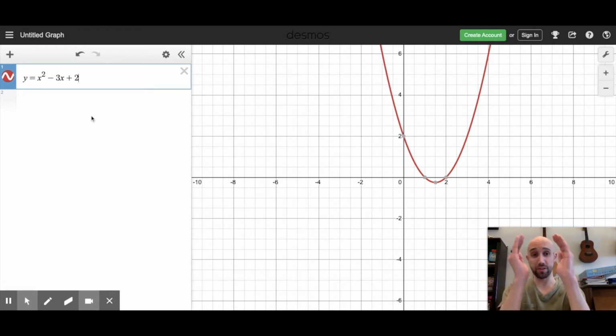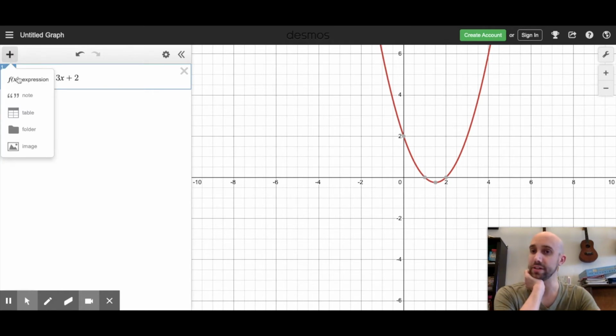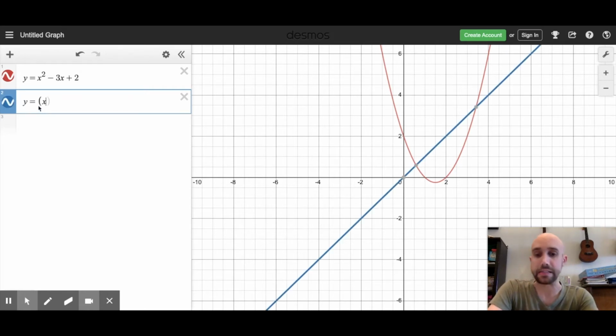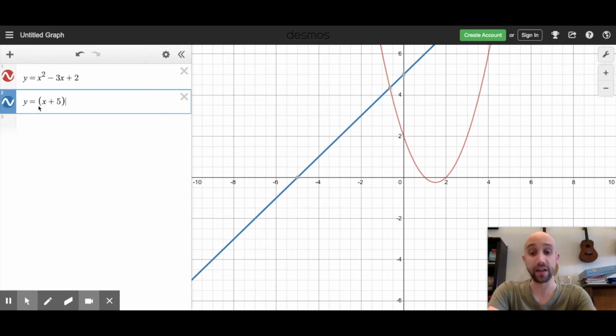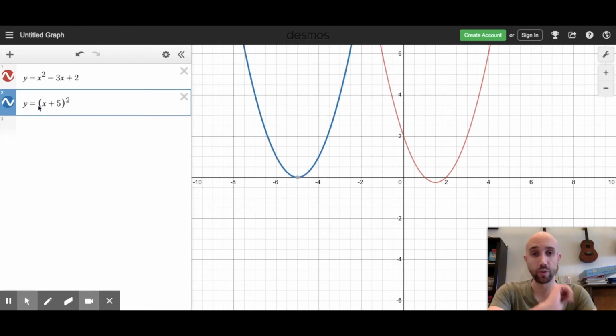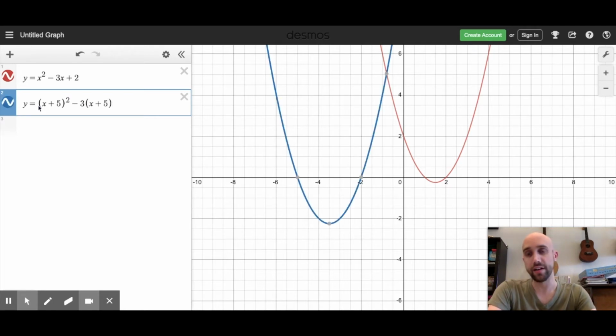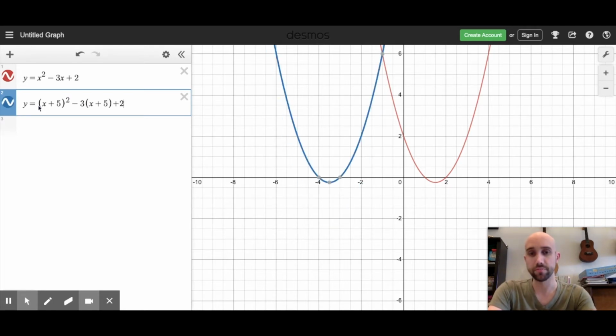In fact, let's put that x plus 5 in parentheses. So I'm going to write a new expression: y equals (x plus 5) squared minus 3 times (x plus 5) plus 2.